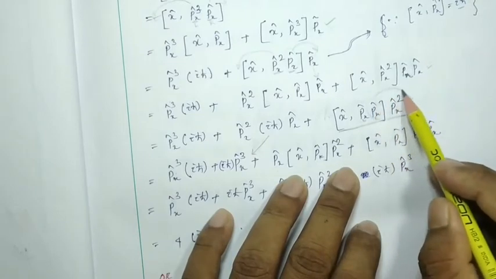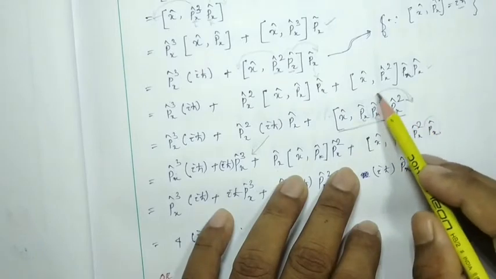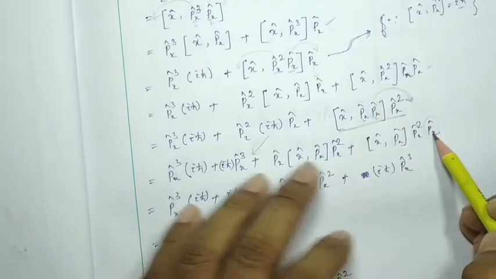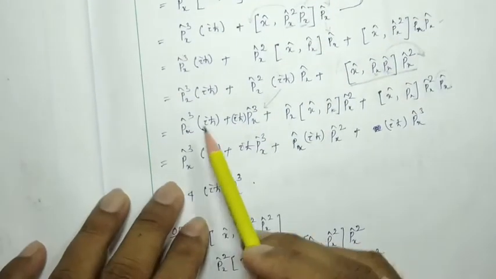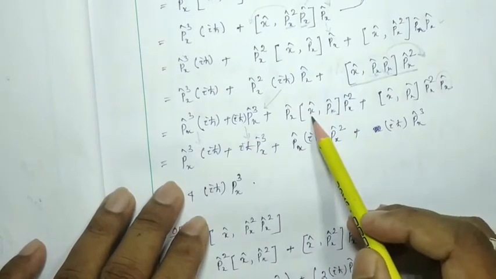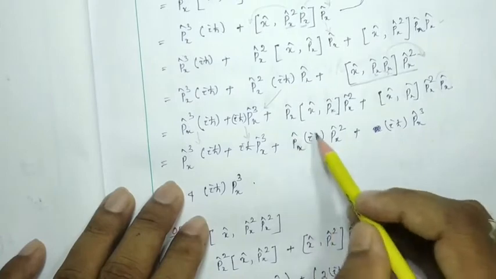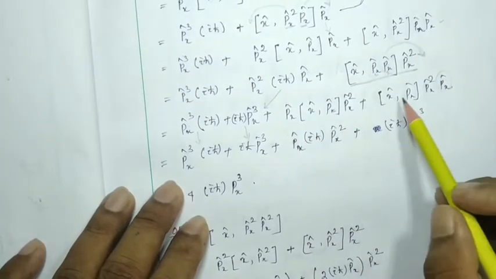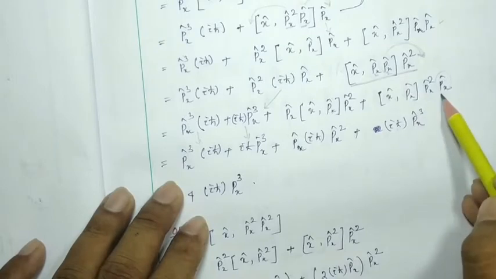This p_x cap came over here, this one, okay, came over this one, and this p_x came over here and written as this one. So this term is this one, this term is this one, and this x cap p_x cap is nothing but iħ cross, and p_x cap will be there, p_x cap square will be there. This x cap p_x cap is nothing but iħ cross, this will be p_x cap cube.